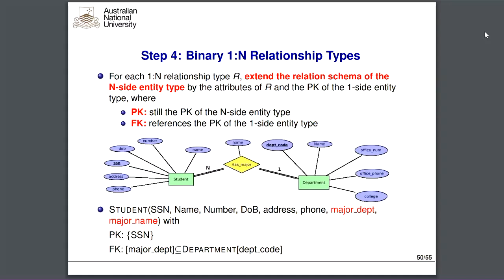And then add some uniqueness from the other entity. The uniqueness in this case is the department code or major department. In this case, you may change the attribute name a little bit. And then you have the primary key, foreign key. So now with the foreign key, the referential constraints make more sense, I hope. The constraints we talked about.